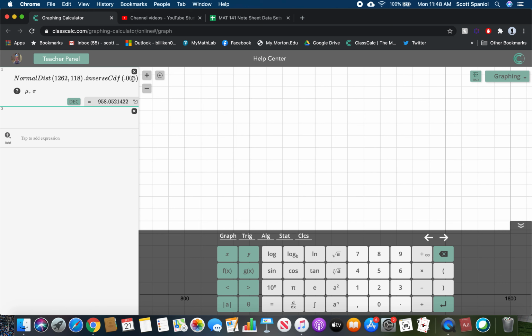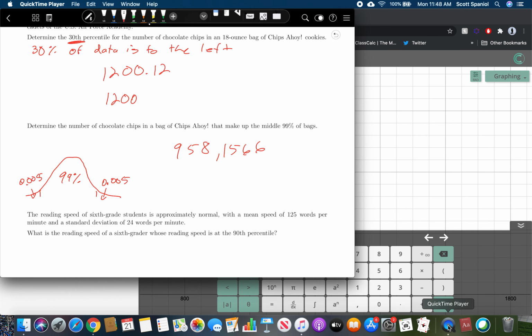But then to do the other one, I have to do area to the left again, which is 99 plus 0.5%, which is 0.995, which would be 1566 if I round to the nearest number of chips. Okay, so that's just using this inverse CDF idea, but now with a different mean and standard deviation.